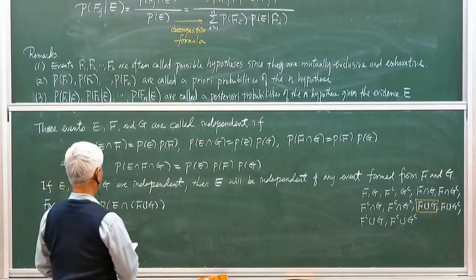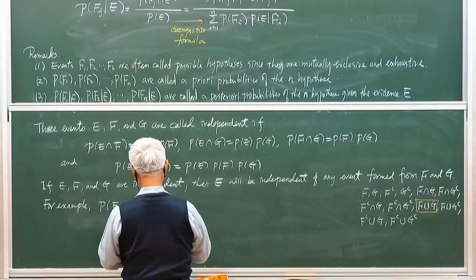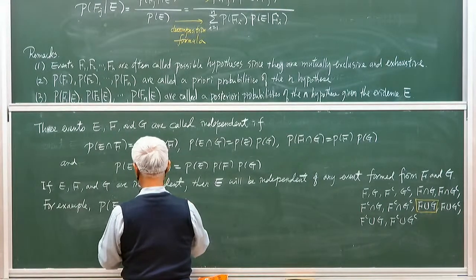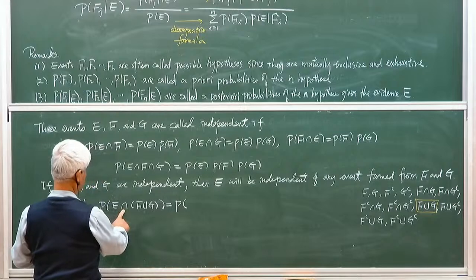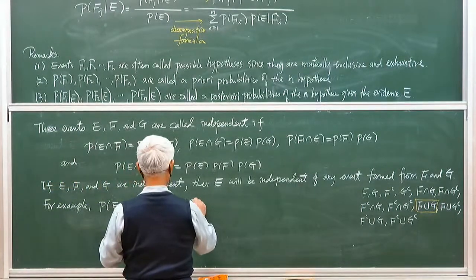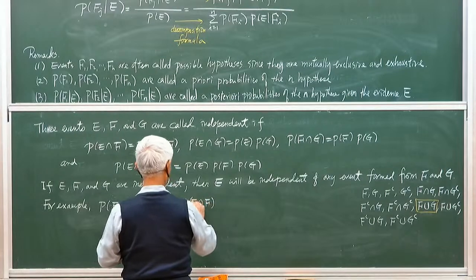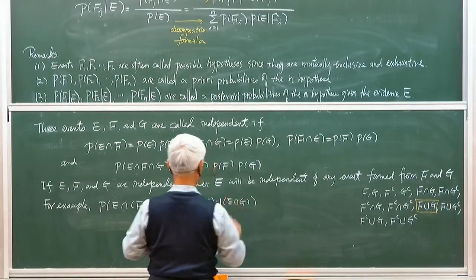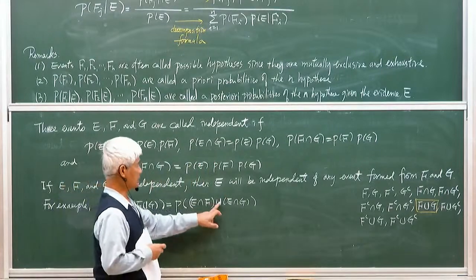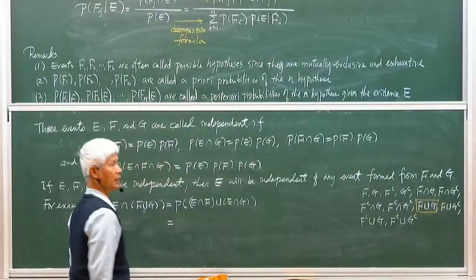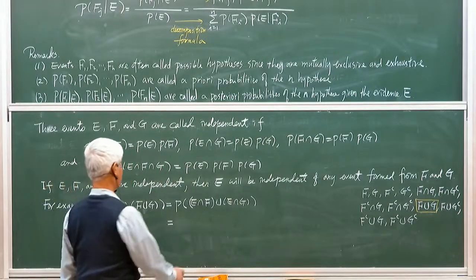So by using the distributive law, this is P of E intersect F union E intersect G. But the union is in general not a disjoint union, so we cannot apply the finite additivity.